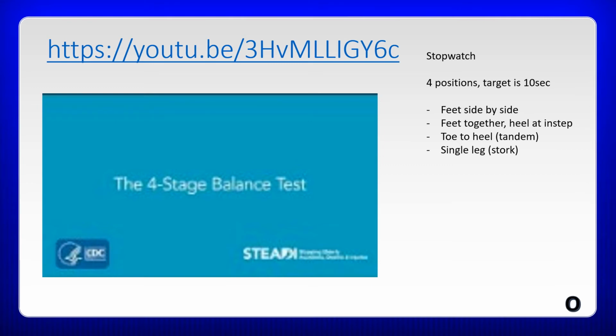And finally, a single leg or a stork, when you stand on one leg by itself. Now, the person who cannot do a tandem for 10 seconds, or either the feet side by side or feet together with the heel at the instep for 10 seconds, is at a greater risk of falling.